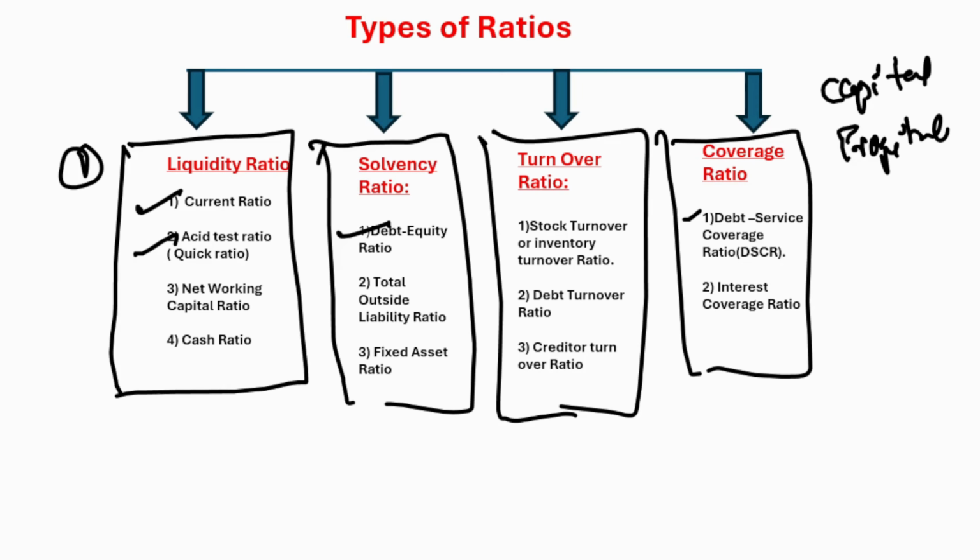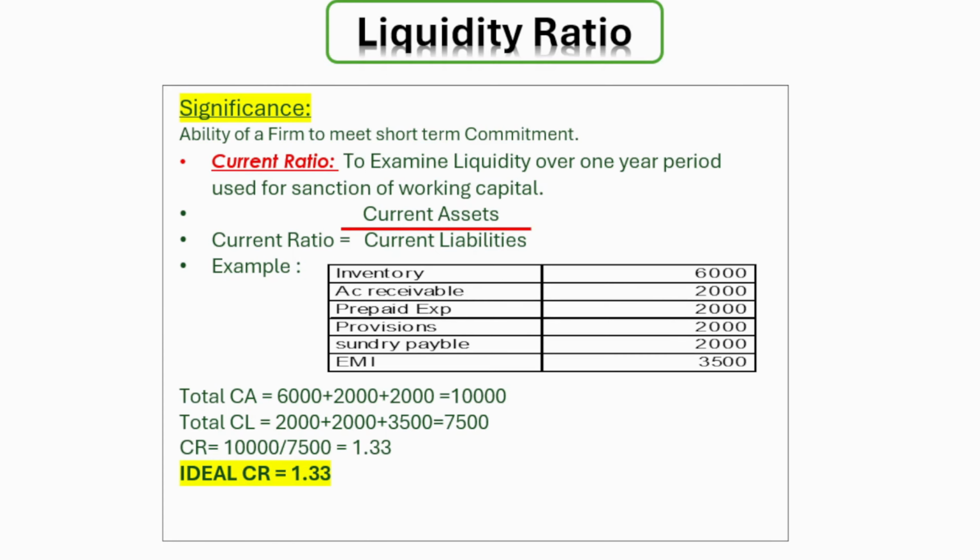Right. The first thing, the liquidity ratio. It is the first topic. In the liquidity ratio, the most important ratio is what? Current ratio. We all hear about the current ratio. What is current ratio? It's current assets divided by current liabilities. We all know that. But before analyzing any ratio, one should be familiar with the current asset components and current liability components.